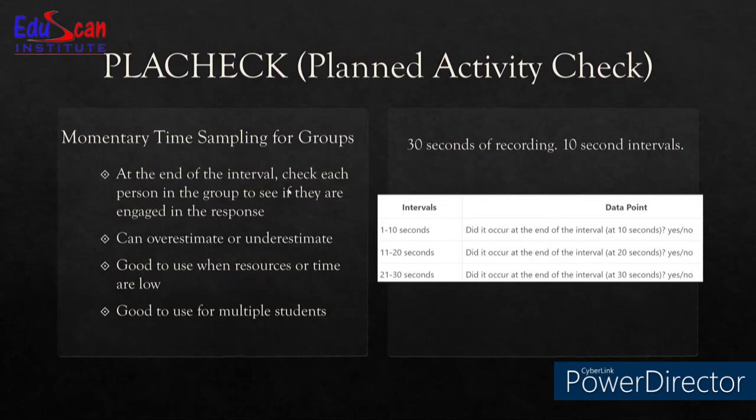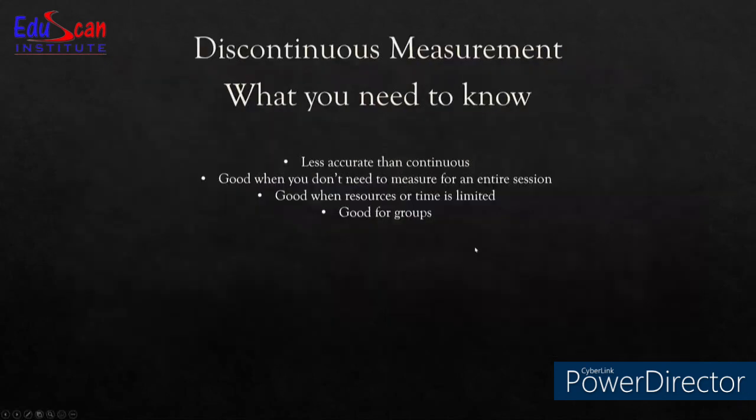So while we understood the concept of discontinuous measurement, we need to understand the basic things. Certainly it is less accurate than continuous measurement, but we do save time, don't we? So it is good when you don't need to measure for the entire session.